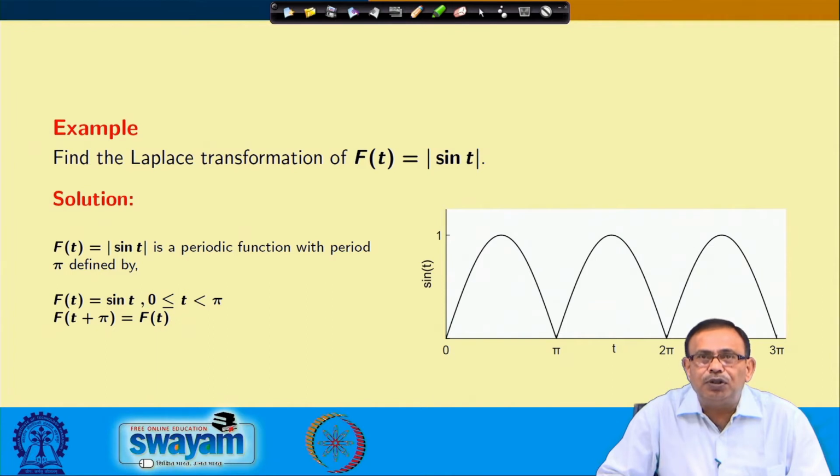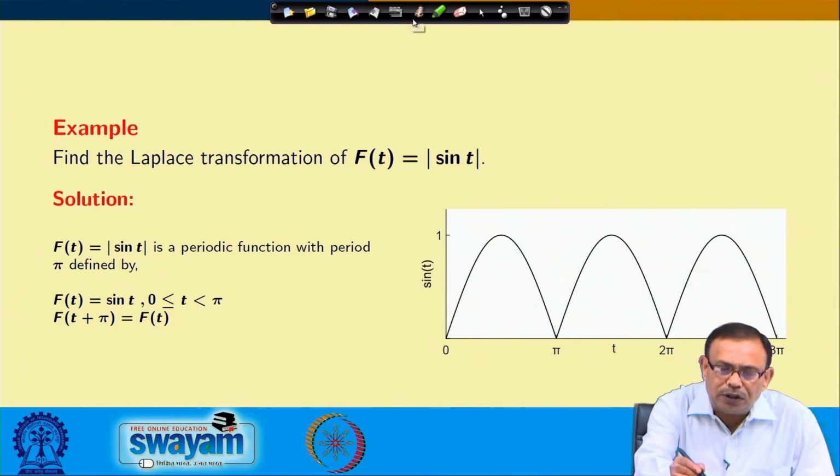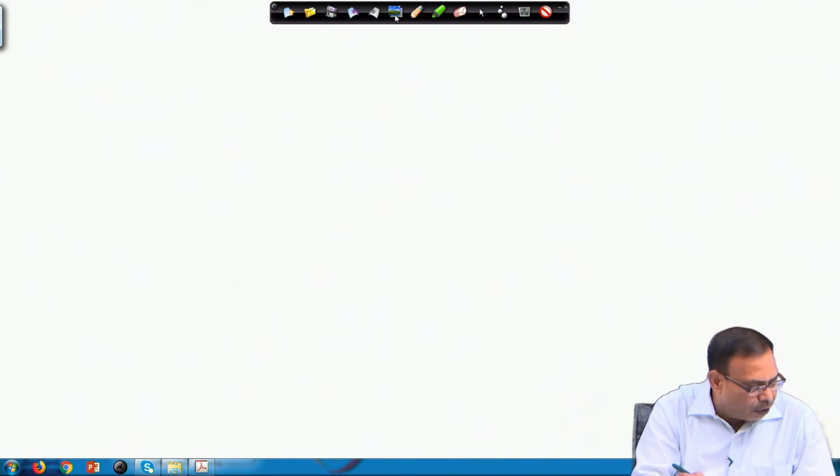On the right side you see the graph of the periodic function |sin t|: from 0 to pi it is there, again from pi to 2 pi, since it is periodic in nature, it replicates itself. So we want to find the Laplace transform of this function, |sin t|, which is a periodic function of period pi. Let us see the solution process.